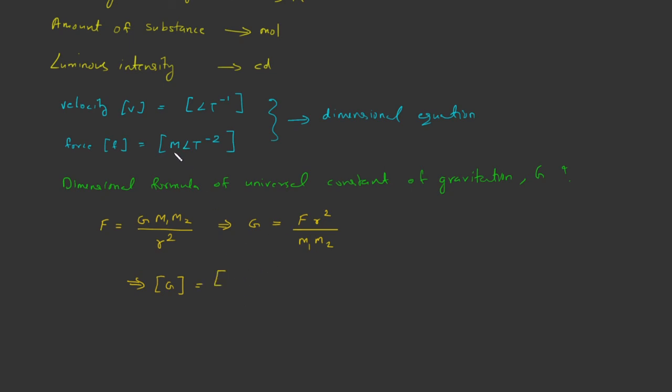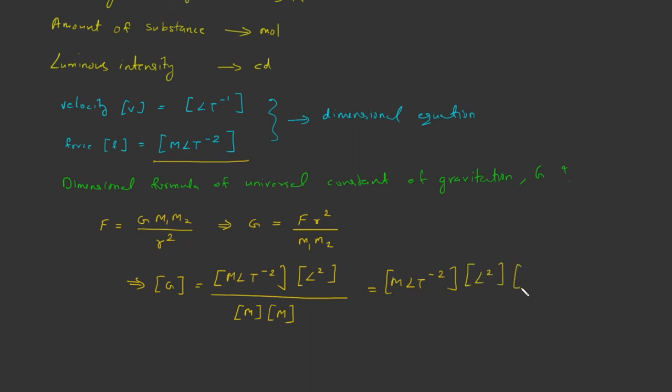Dimensional formula of F is M L T raised to minus 2, that we already calculated, and dimensional formula of r square is L square, because r is the length, divided by dimensional formula of m1 which is M, and of m2 which is also M. So this is equal to M L T raised to minus 2 into L square into M raised to minus 2.